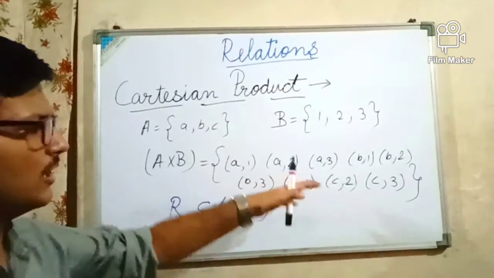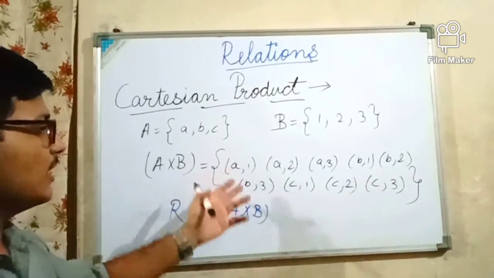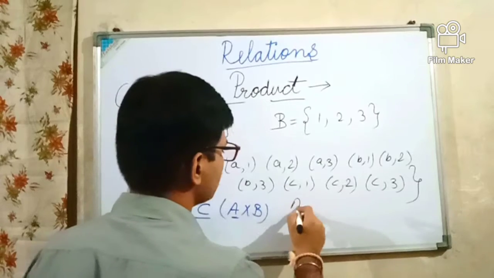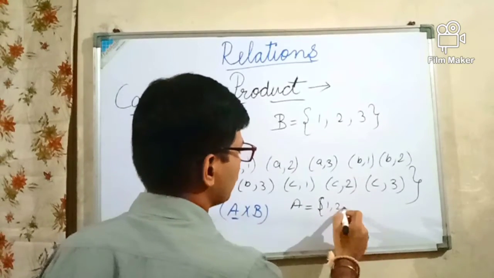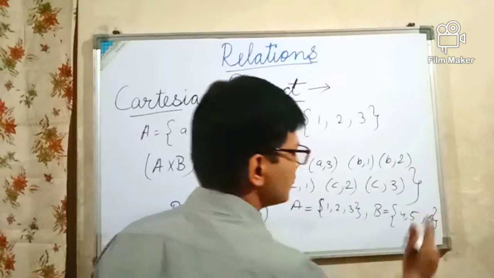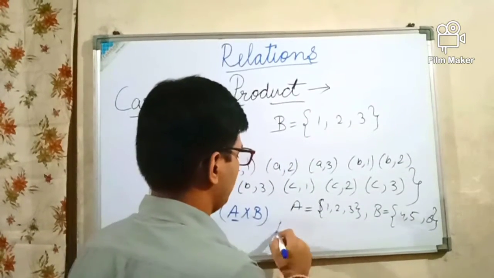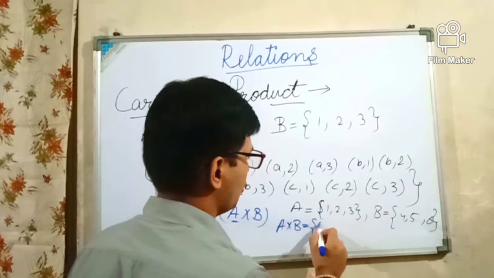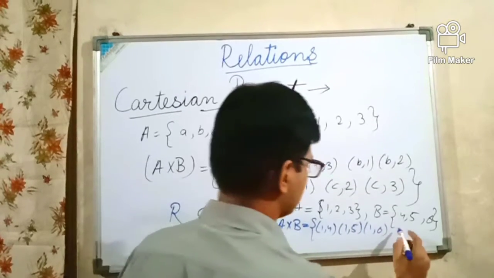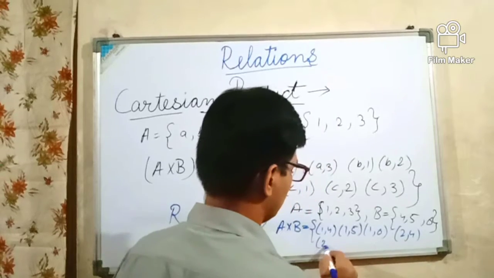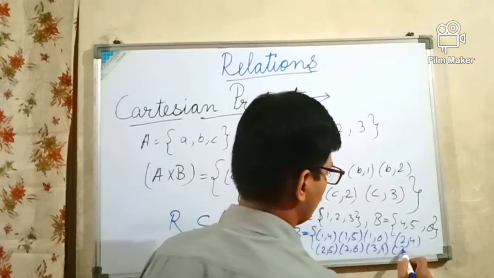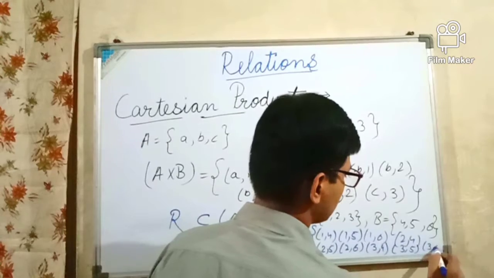See, here we have A1 और A2. यहाँ पे हम नहीं बता सकते कि A छोटा है या A बड़ा है, क्या है. अगर मैं मान लूँ कि A is 1, 2, 3, B is 4, 5, 6, and we get A cross B. See, (1,4), (1,5), (1,6), (2,4), (2,5), (2,6), (3,4), (3,5) and (3,6).